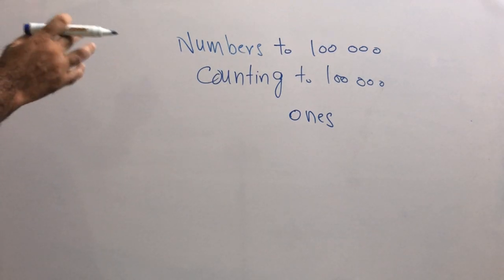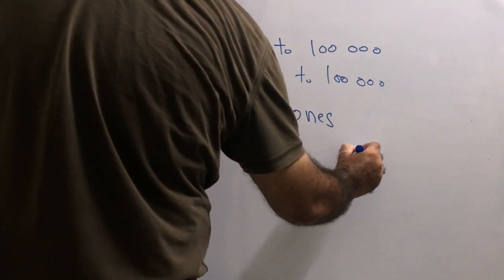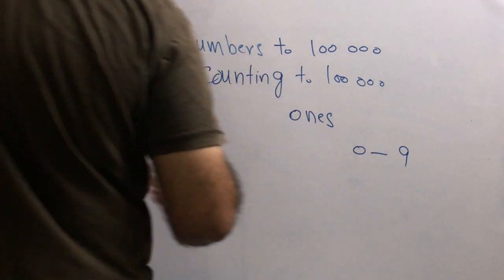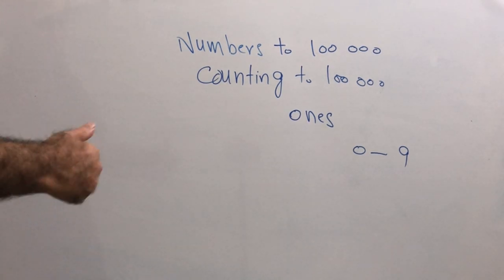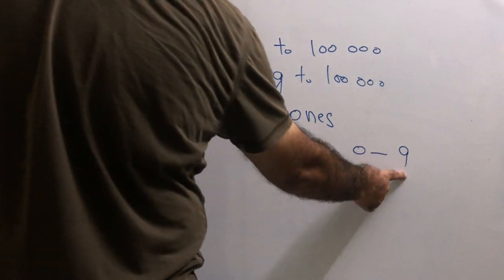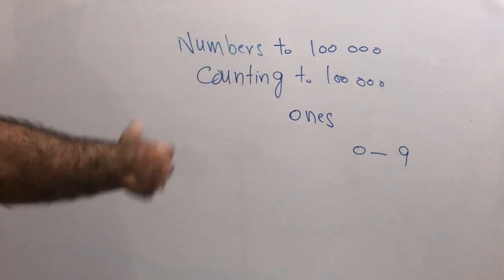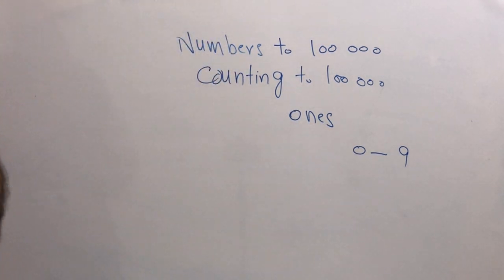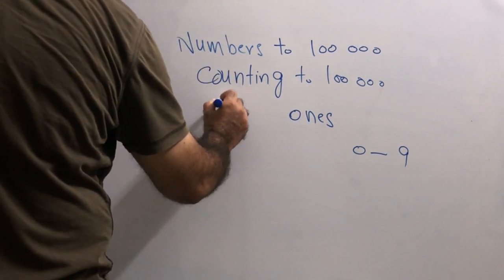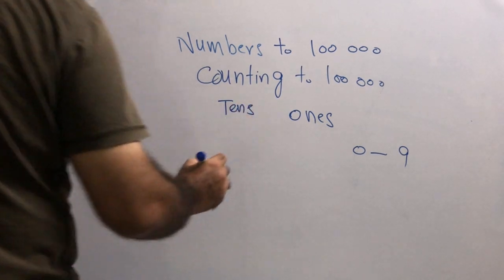The numbers falling between 0 and 9 are ones: 0, 1, 2, 3, 4, 5, 6, 7, 8, 9. What is the value of 9? 9. What is the value of 1? 1. So we start from the right side, ones.